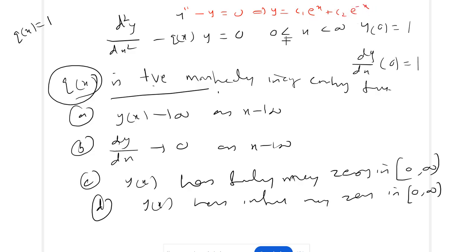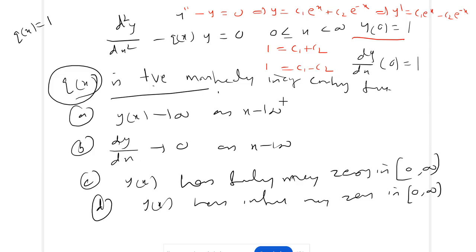Applying the first condition, 1 equal to c1 plus c2. For the second condition we need the derivative: y dash equal to c1 e power x minus c2 e power minus x. So 1 equal to c1 minus c2.